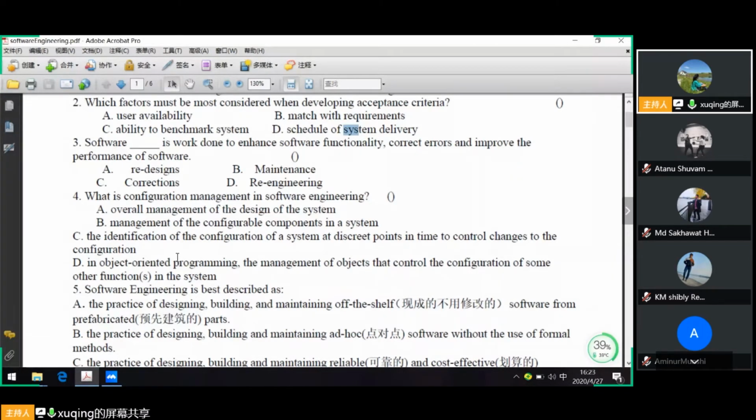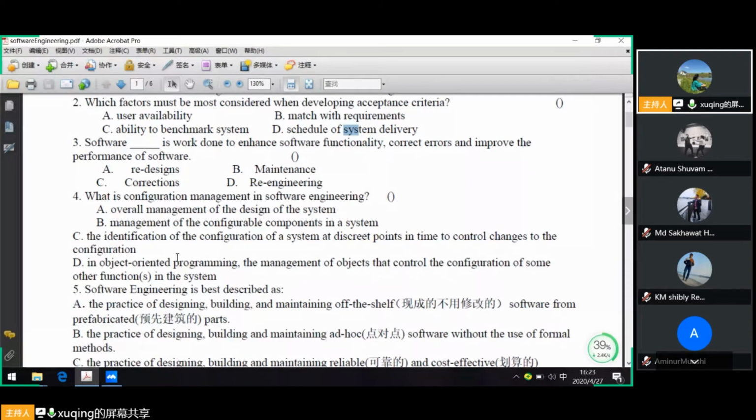And for the fourth one, what is configuration management in software engineering? For this exercise, it's not too difficult, as we can analyze all these 4 options. The first one, overall management of the design of the system. The second one, management of the configurable components in our system.